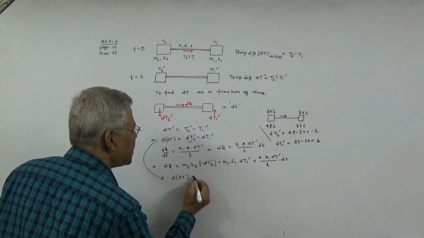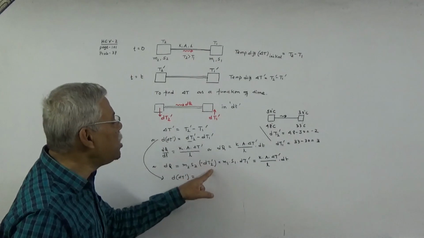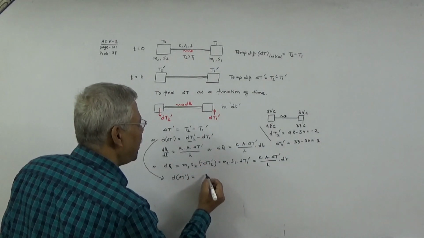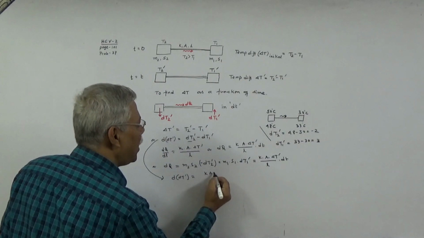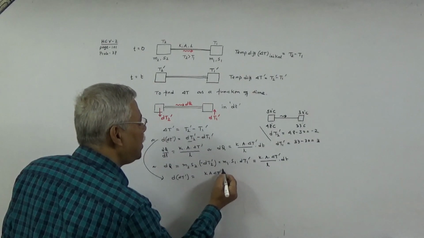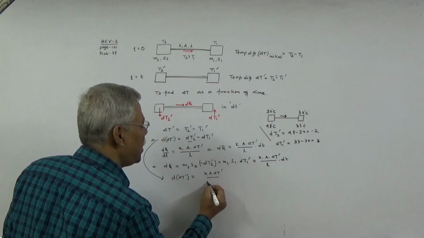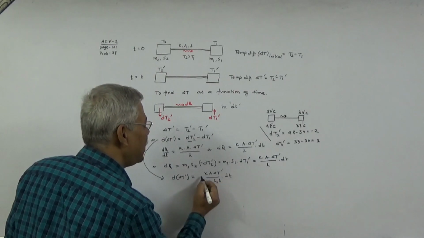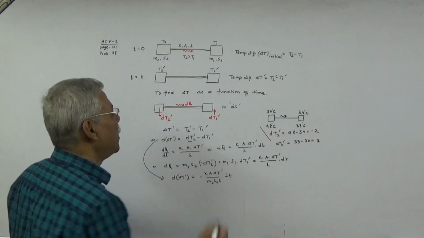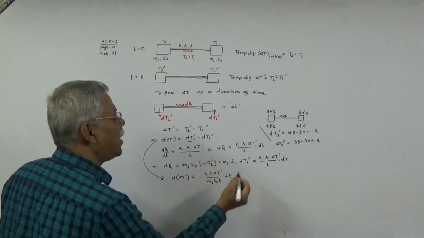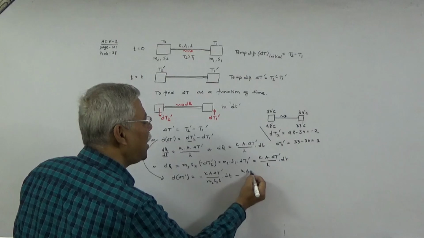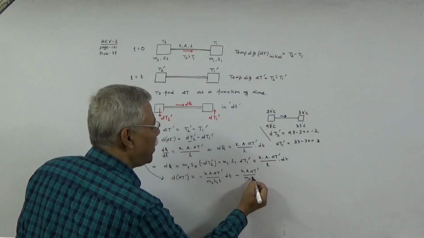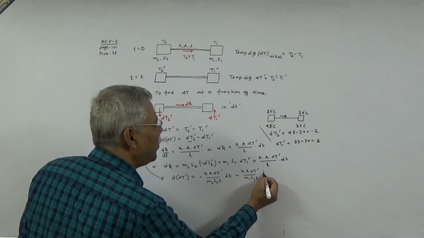and we'll complete this. dT2 dash will be written as k A delta T dash by m2 s2 L dt, minus dT1 dash, which will be written as k A delta T dash by m1 s1 L into dt.